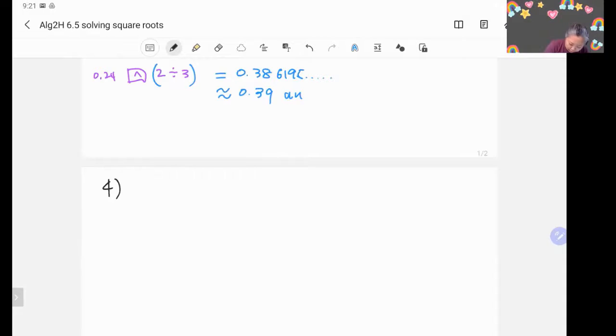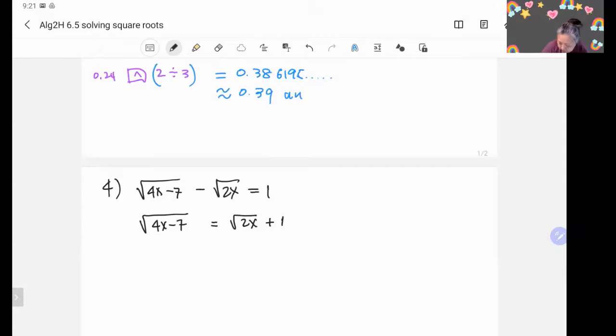Okay, so if you have this equation, square root of 4x minus 7 minus square root of 2x is 1, right? Then we will separate the square roots on both sides. That means I will transpose the second square root term to the other side, and it's going to look like square root of 4x minus 7 equals square root of 2x plus 1.